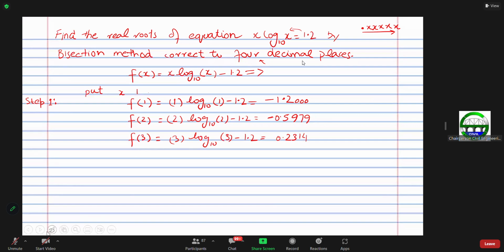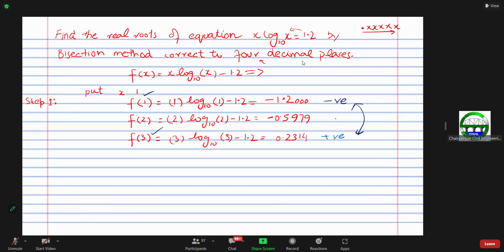Now we can see from here that this is positive and this one is negative. So we can say that our solution lies between these two values. Our solution lies between f of 1 and f of 3.